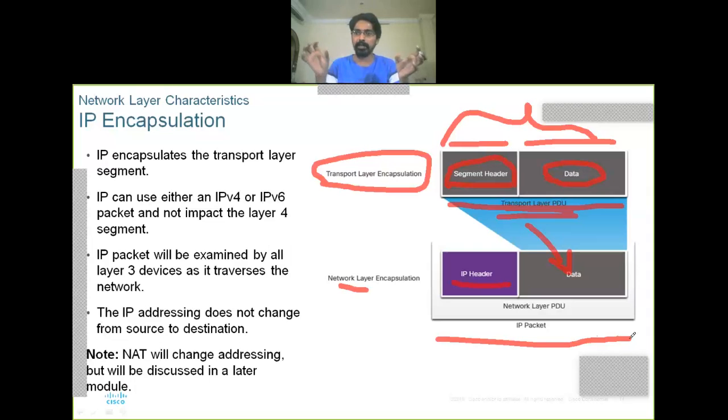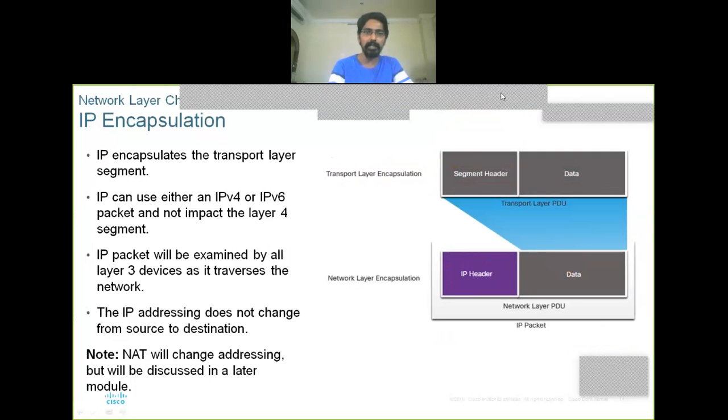Attaching an IP header to data is nothing but an IP packet, or it can be called the network layer PDU. This IP header can be either IPv4 or IPv6, right? The IP addressing doesn't change from source to destination, right?